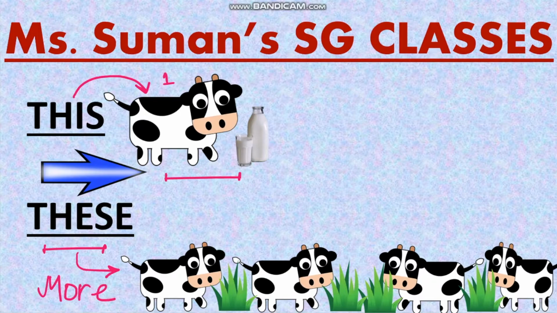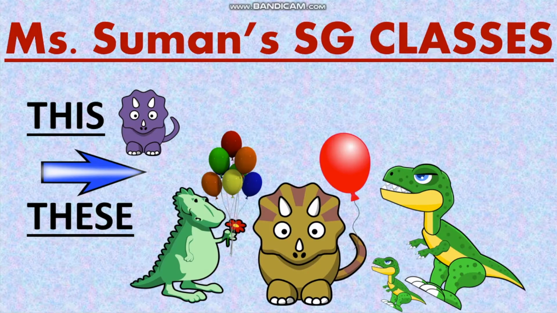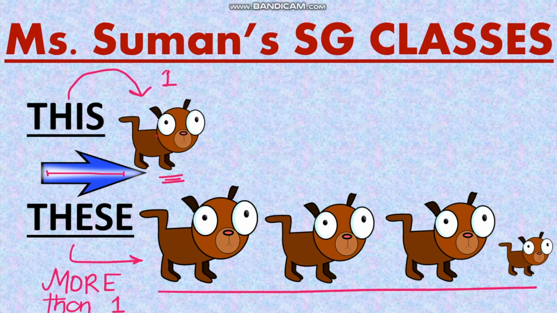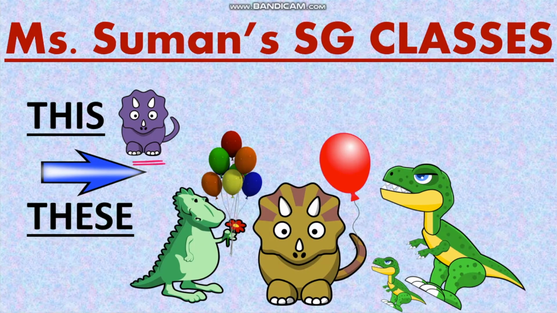Very good job. In the next one, I will ask you, look at these beautiful dinosaurs. So I want to ask you, where should we write this and where should we write these? So right here, I see one dinosaur. So what does it say? What is our rule? Our rule says when it is one, we use this. So should we use this for one dinosaur? This dinosaur is super cool.